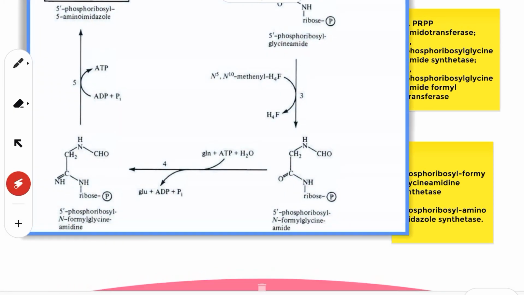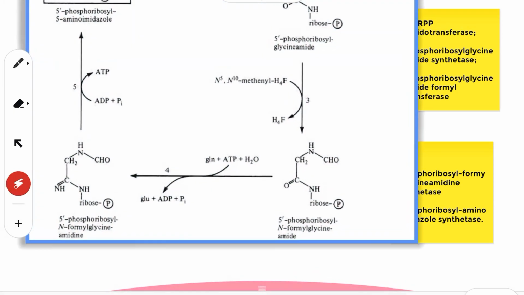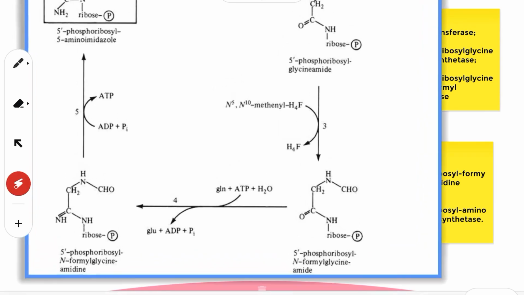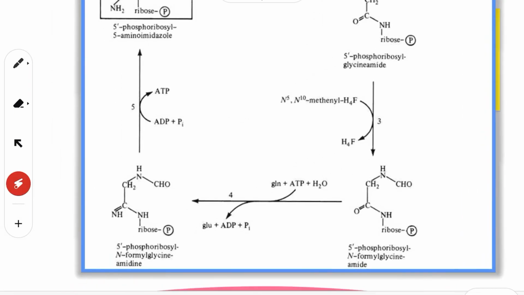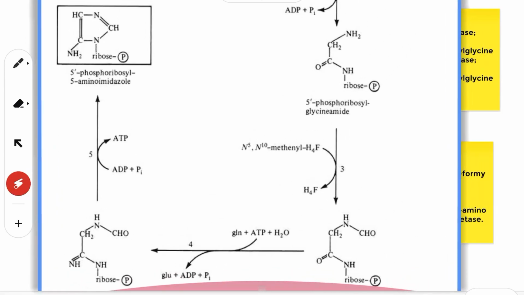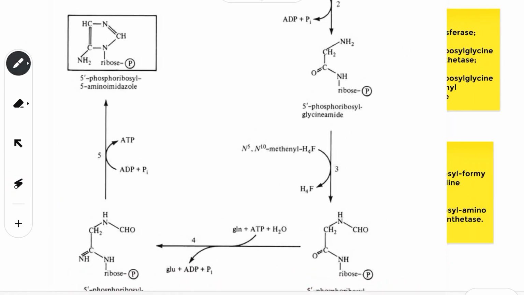And now this 5-phosphoribosyl N-formyl glycinamidine undergoes the ring closure reaction. This ring closure reaction requires energy in the form of ATP. So ATP acts as the donor of energy, and ATP is hydrolyzed to ADP and inorganic phosphate.